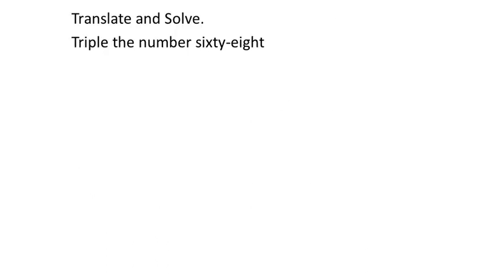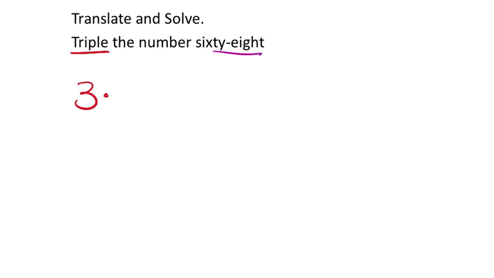A unique form of multiplication: triple the number. Okay, so translate and solve. Triple the number 68. I was thinking there'd be a variable there, but no. So triple is 3 times something. Now that it's multiplication, it doesn't matter what order it's in.